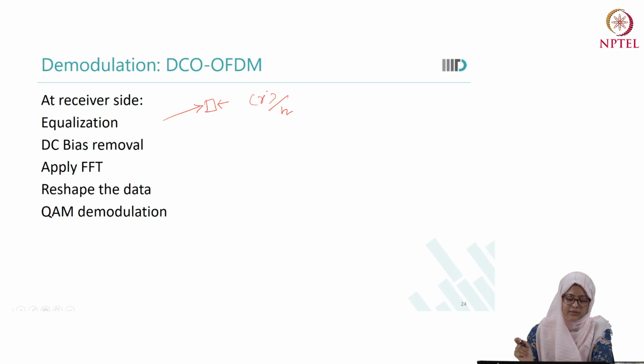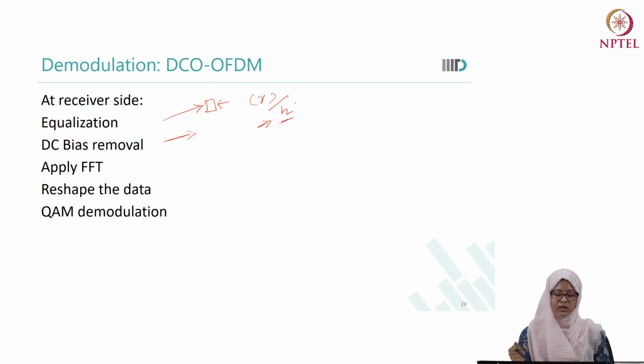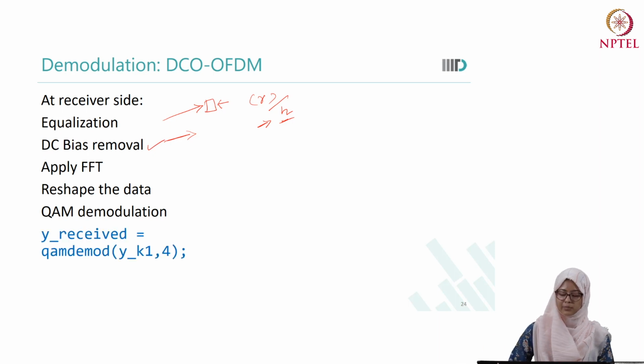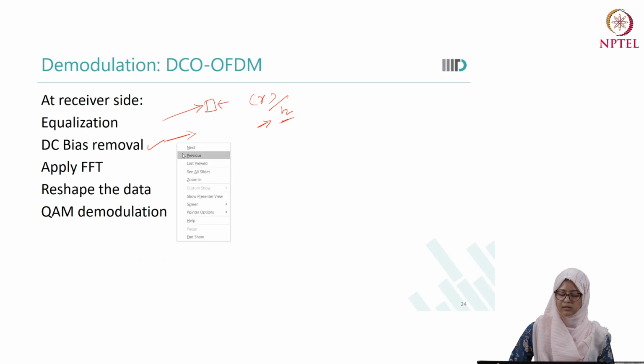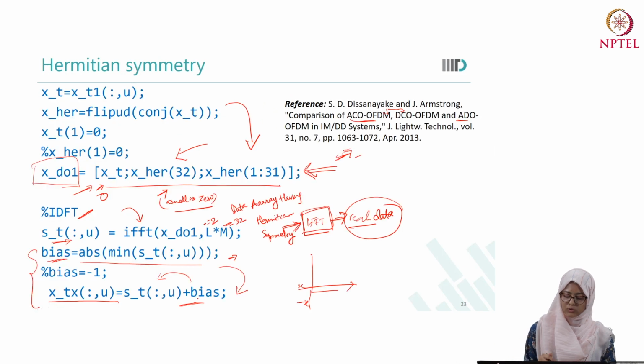This is, let's say, the received data. After that, you need to remove the DC bias. Whatever is happening at the transmitter side, at the receiver side it will be just vice versa. At the last step we had added channel gain, so it will be the first to get removed. After that, the DC bias will be removed. If you just see the previous slide, this is the bias.